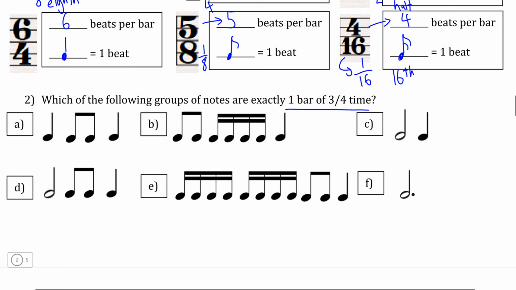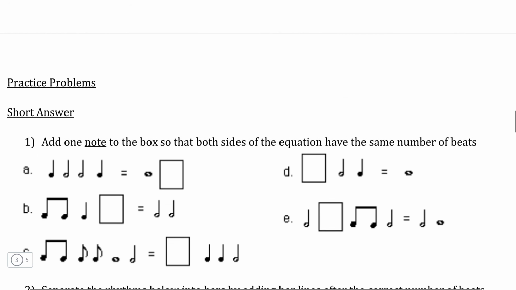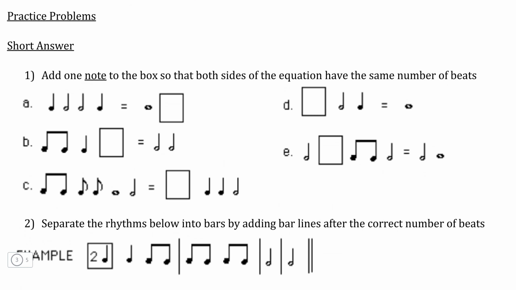And again, the first thing to identify is what does the top number in the fraction mean and what does the bottom number in the fraction mean. Once you have completed this exercise, you can take a look at the practice problems below, which will serve as a general test to see if you can read the rhythmic values of indicated notes and identify the specific rhythms that would be appropriate for a specific time signature.